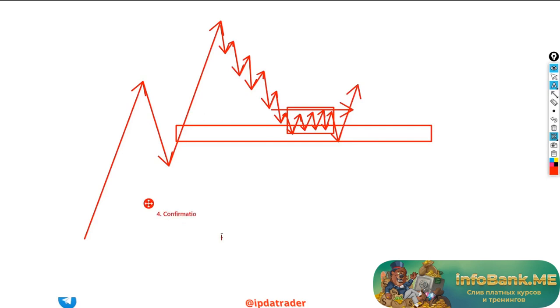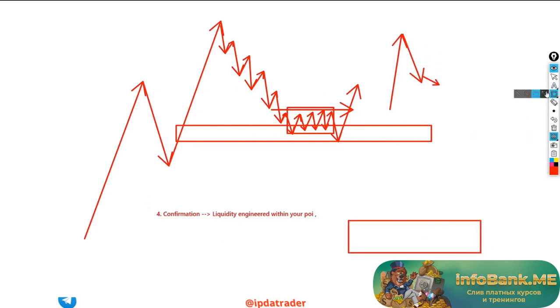Confirmation is liquidity engineered within your POI or right above or below it, right? If the market was to engineer, let's say this is your POI, if price was to engineer liquidity just above it without touching it and then grabbing it and then you get the break, that would also be valid.